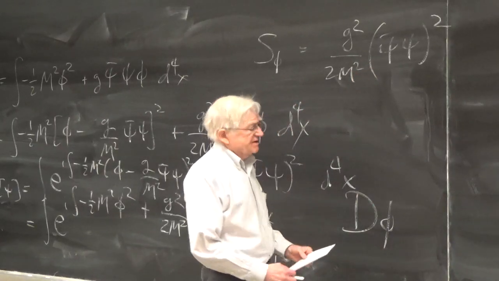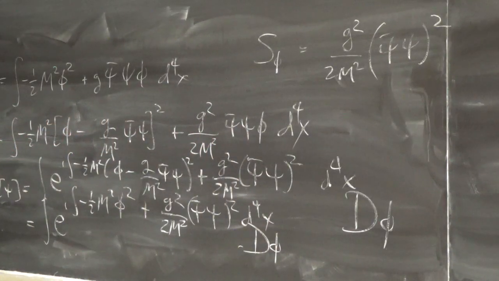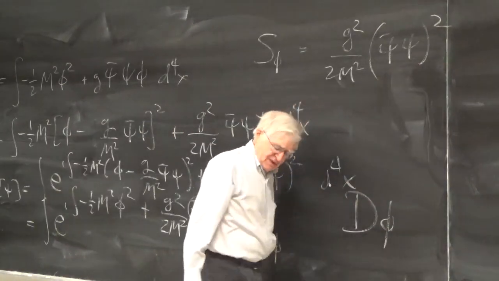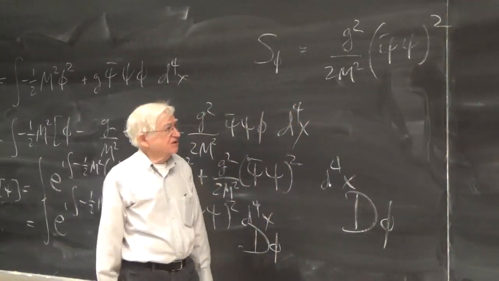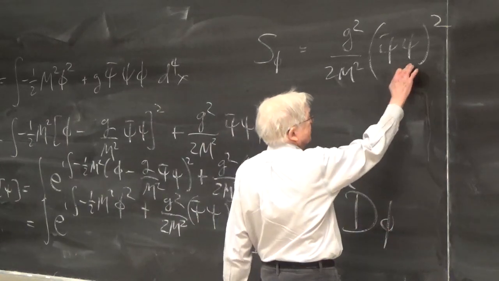And what you see here is that this new term is not renormalizable, because the dimension of a spin 1/2 field in four-dimensional space-time is 3/2, so this is cubed.